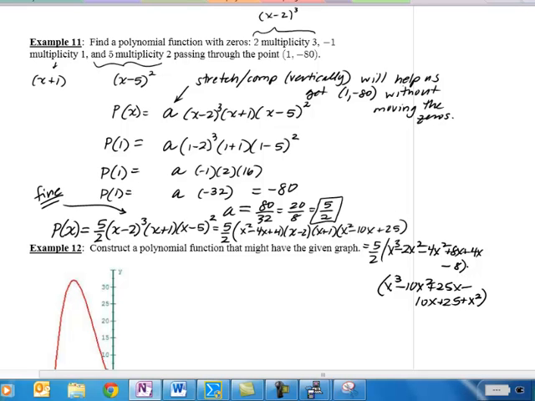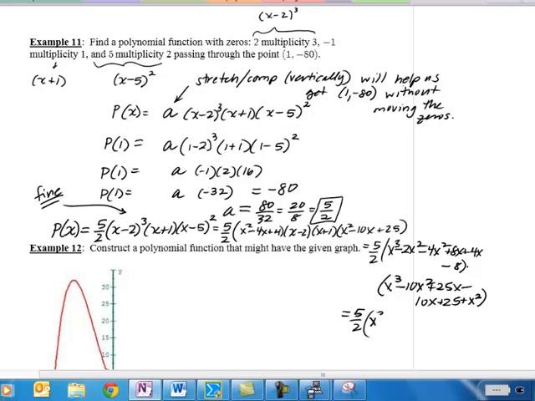Okay, so I'm going to just double check those. X cubed minus 2x squared minus 4x squared plus 8x plus 4x minus 8. That looks okay. X cubed minus 10x squared plus 25x plus x squared minus 10x plus 25. Okay, then I'm going to combine like terms within those factors.